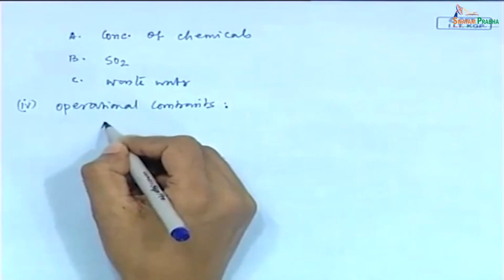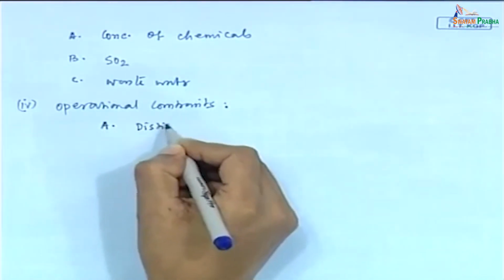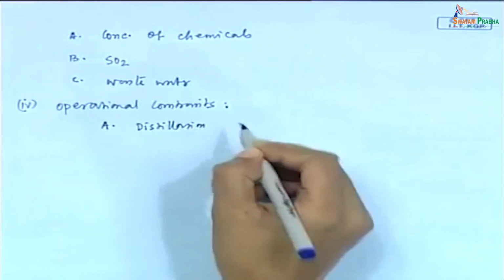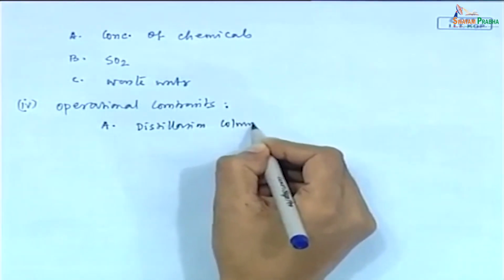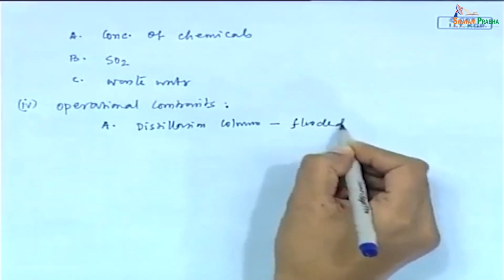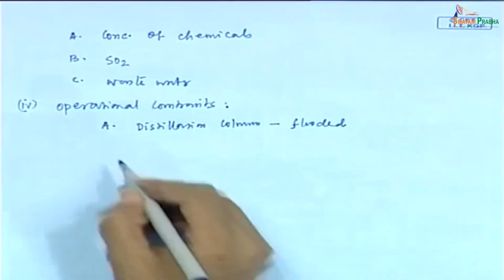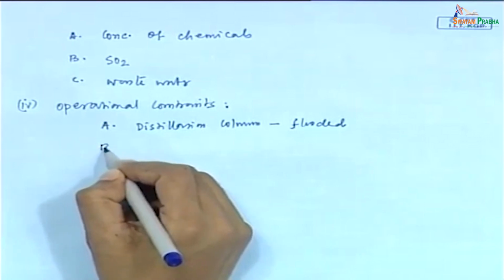Say for example, the distillation column. This is the first example. The distillation column should not be flooded. This is one operational constraint.